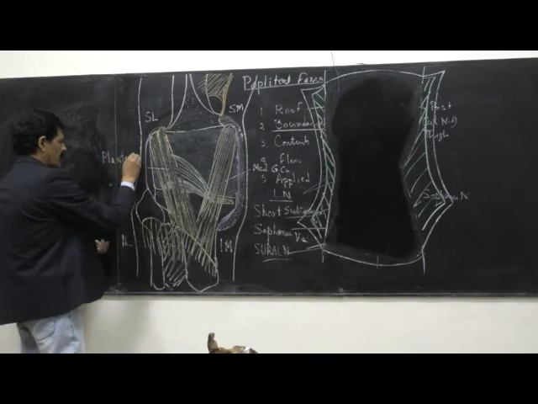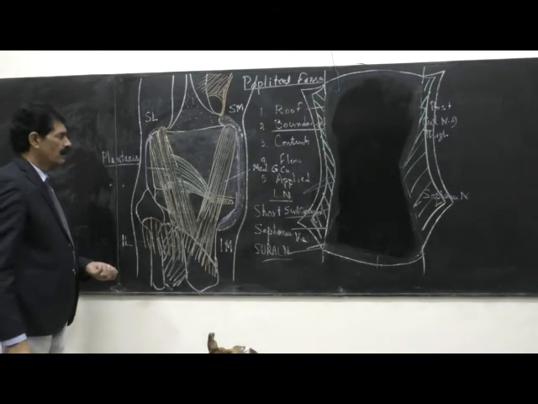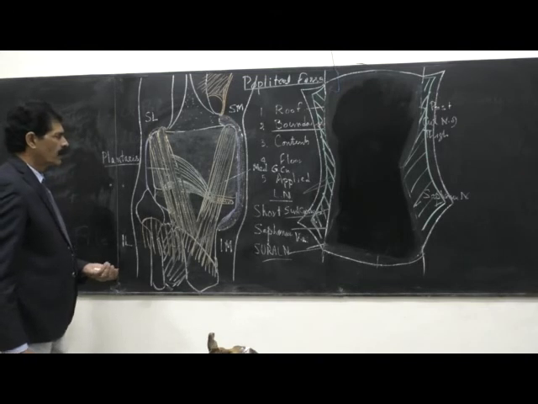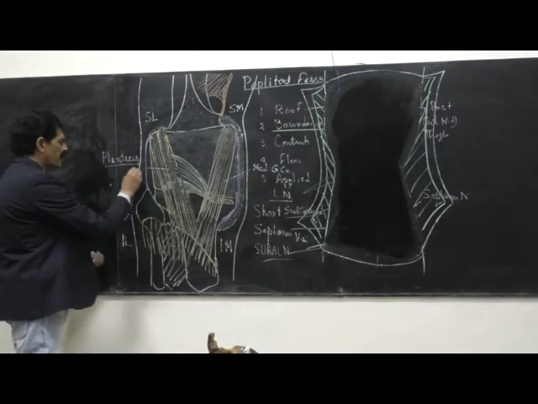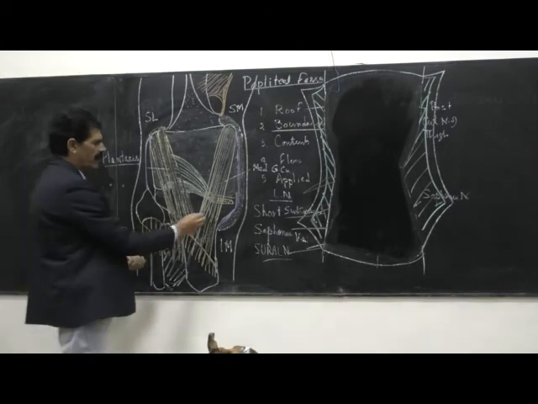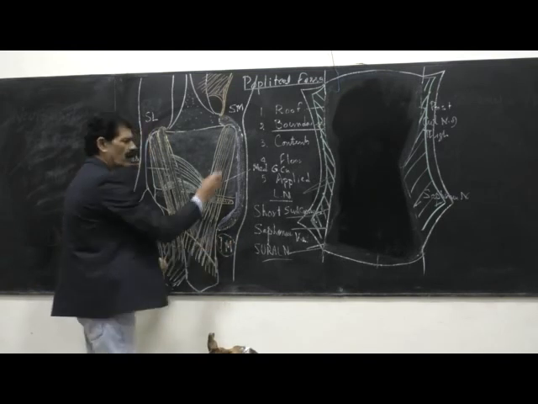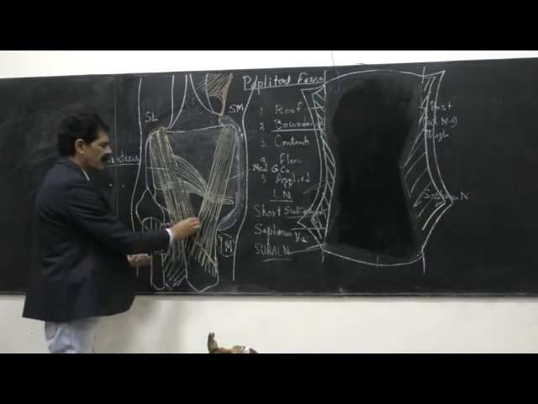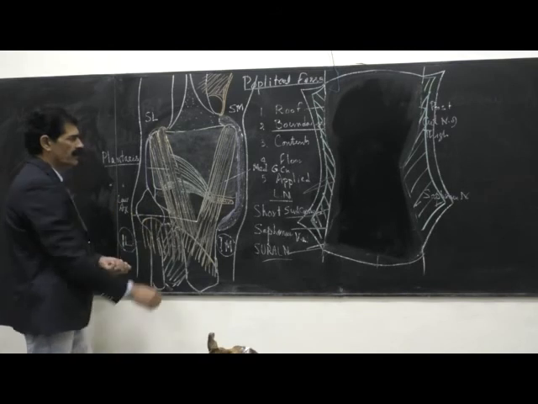It is absent in 10% of the population. So the lateral gastrocnemius and plantaris form the infero-lateral boundary of the popliteal fossa, while the medial head of the gastrocnemius forms the infero-medial boundary. Where they cross, they form the lower apex of the popliteal fossa.